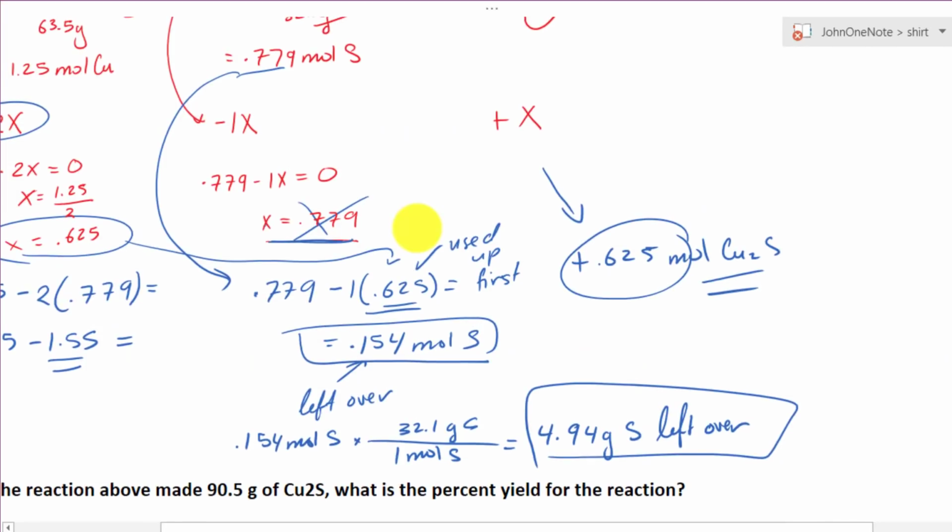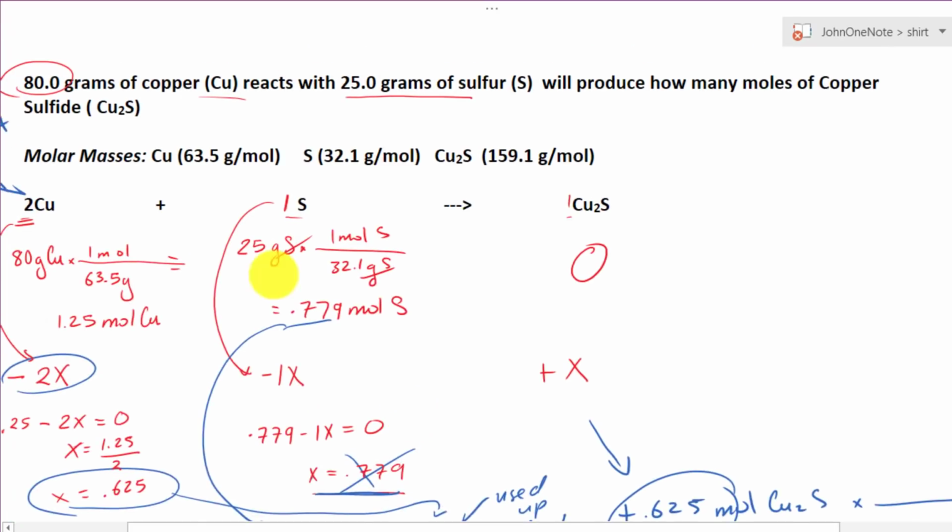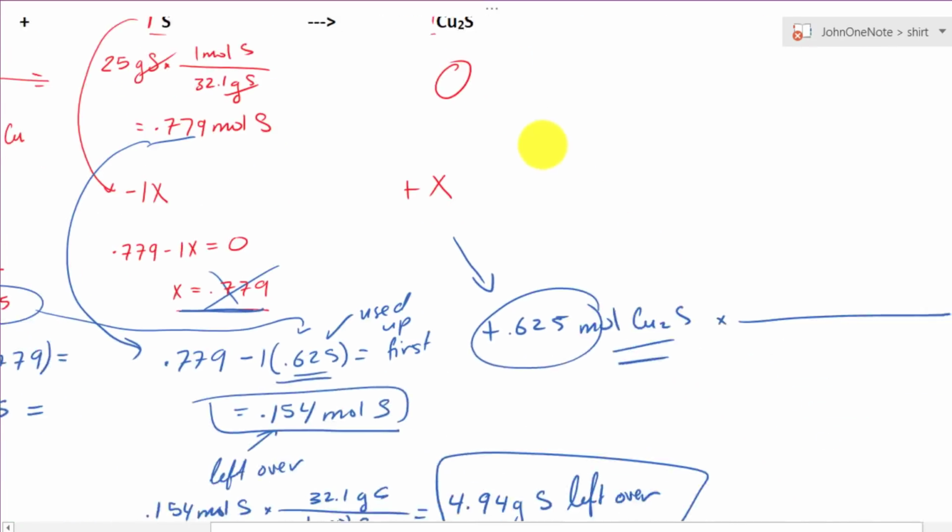Now let's try, in this case, what if I don't want how many moles of copper sulfide are being produced? I want the amount in grams. How is that going to work? Well, the same thing. Convert this from mole to gram. Times that by the molar mass, which in this case is 159.1.